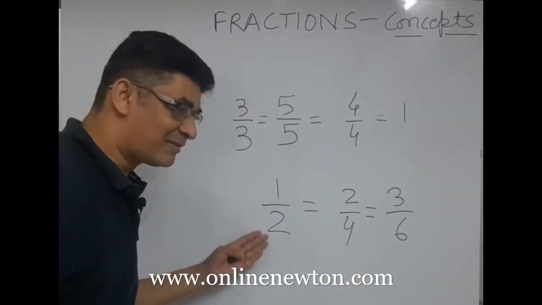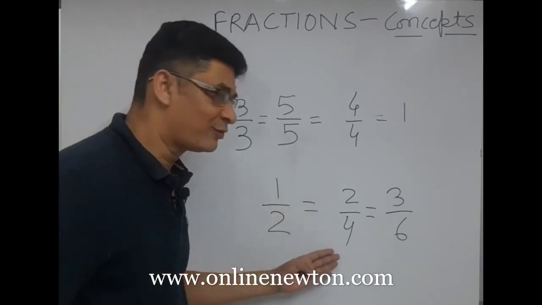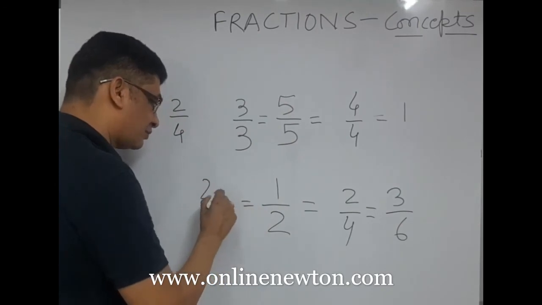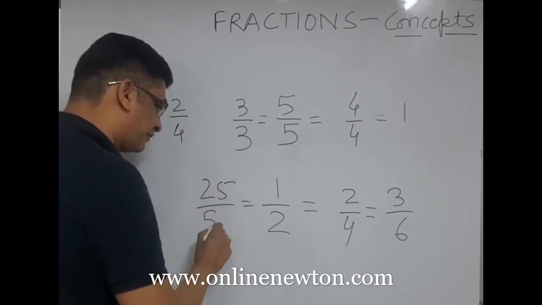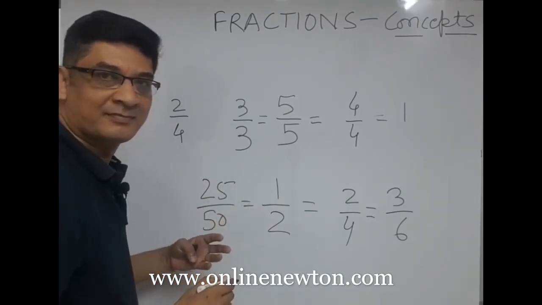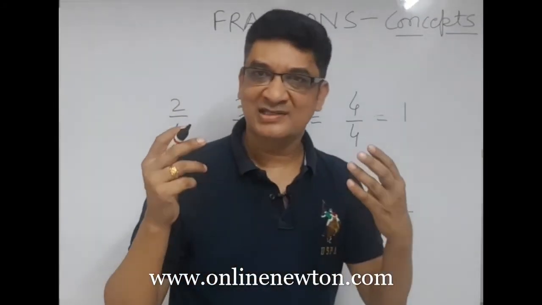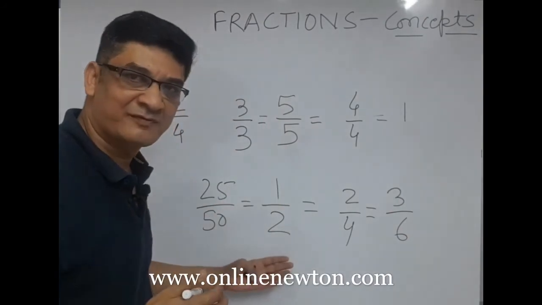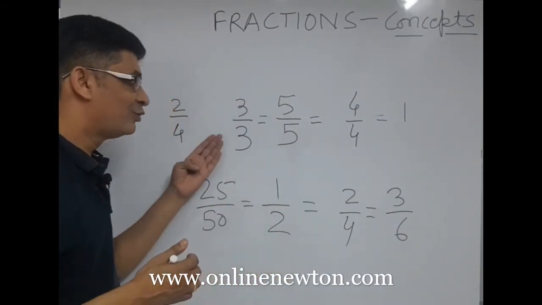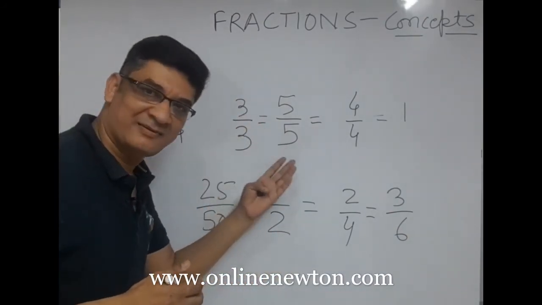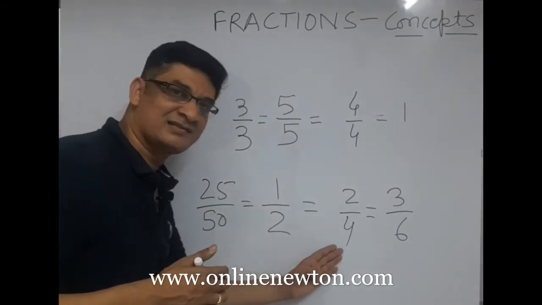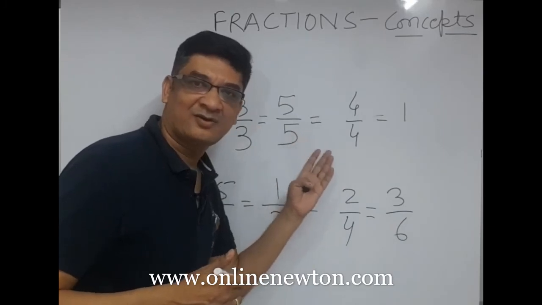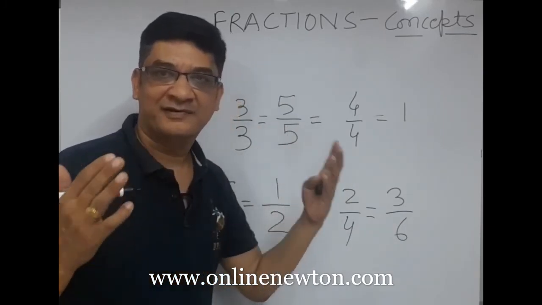So friends, this 1 by 2 is same as 2 by 4, is same as 3 by 6, is same as 25 upon 50. And in schools, you must have heard and learned equivalent fractions. So this is the concept of equivalent fractions. When the value of all these fractions is same, they are called equivalent fractions.